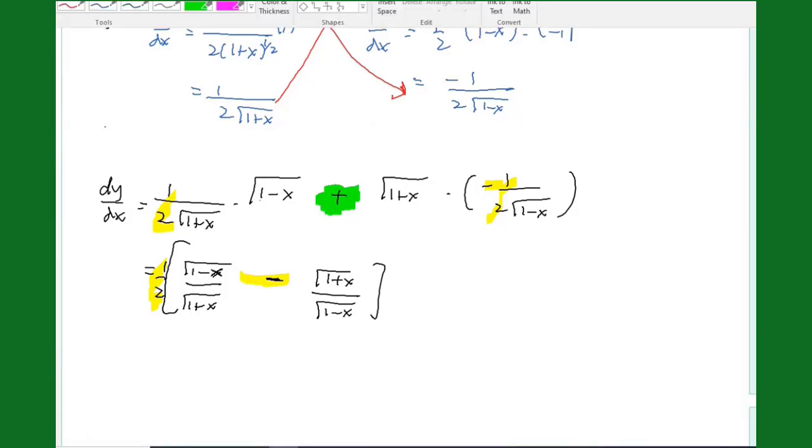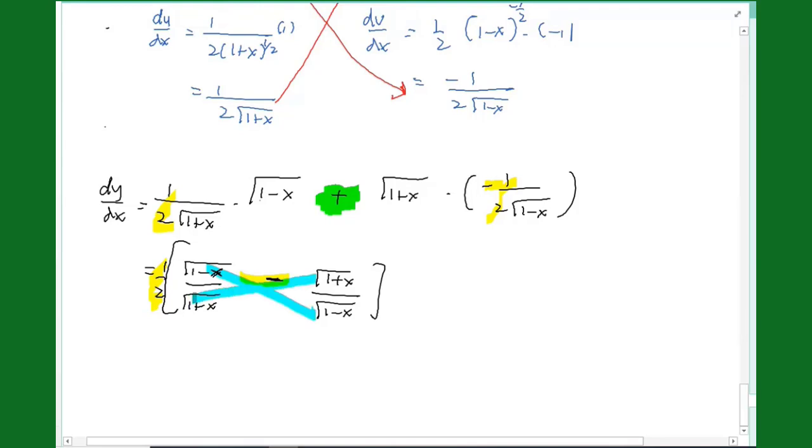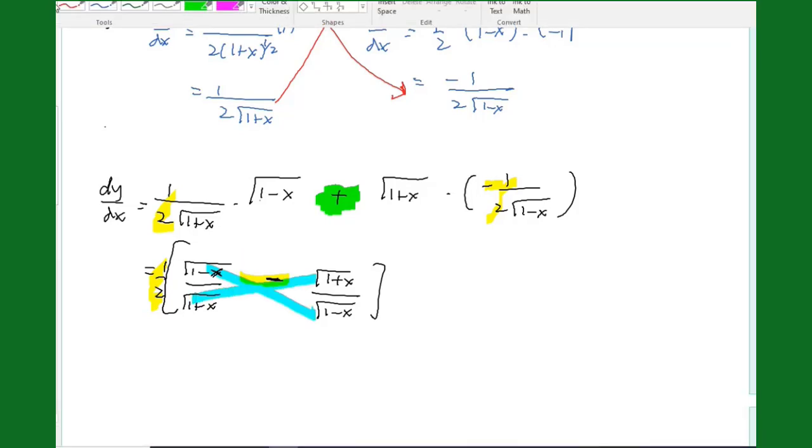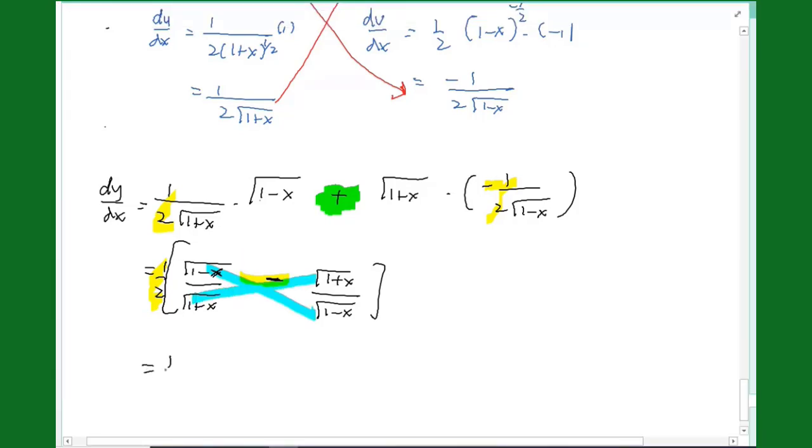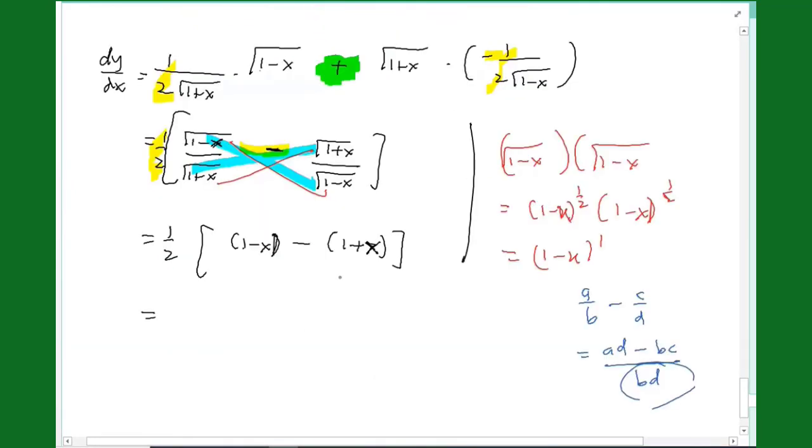To continue, we cross multiply, equating the denominator. So square root of 1 minus x times square root of 1 minus x, minus 1 plus x, over square root of 1 plus x times square root of 1 minus x.